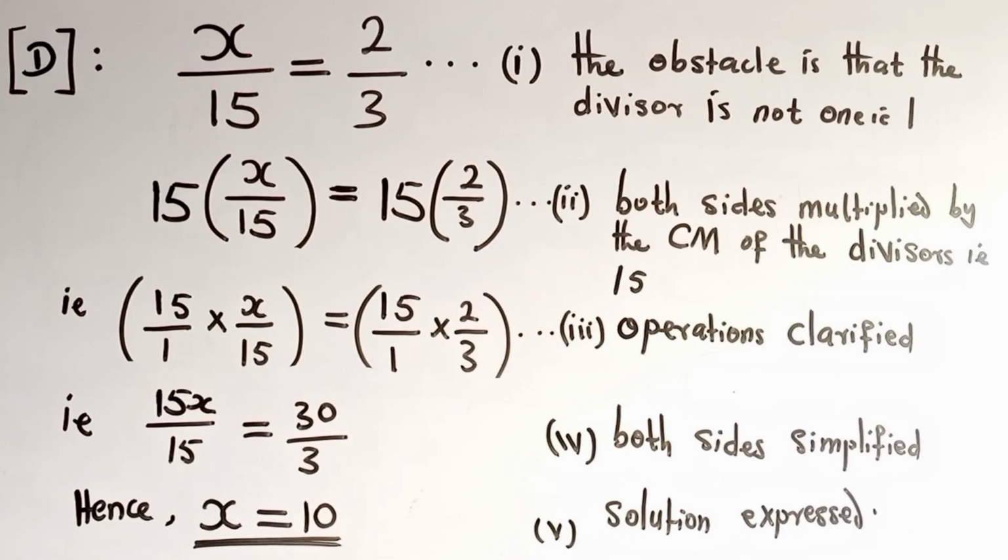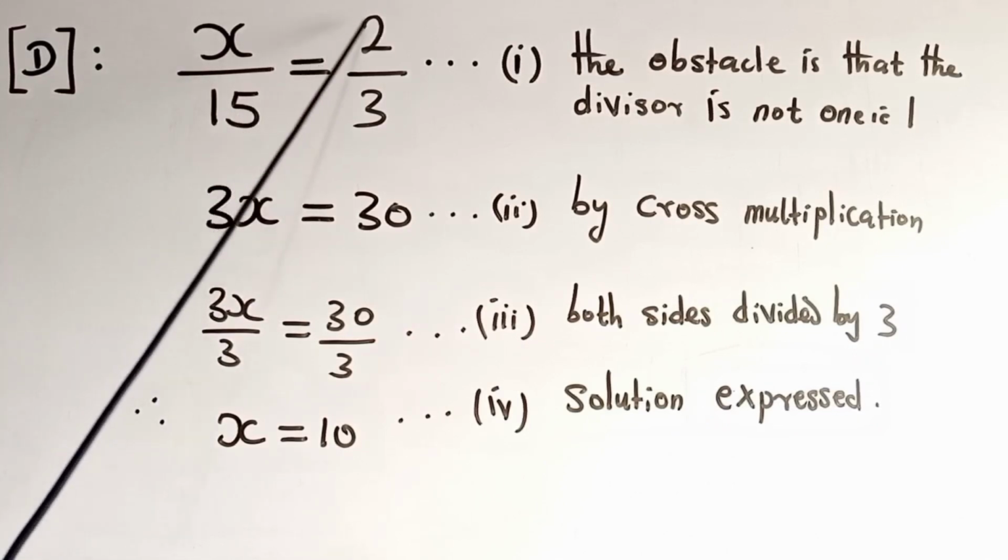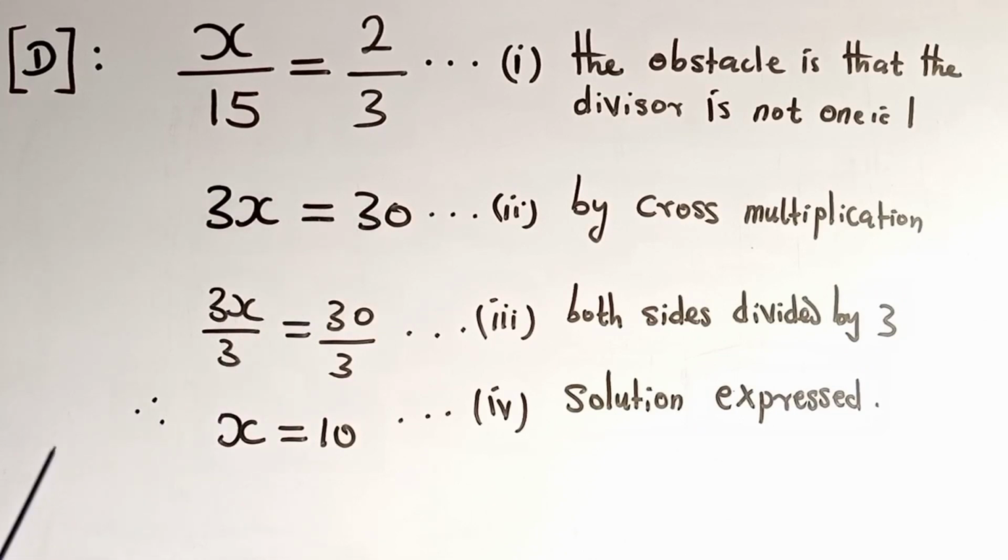That is to say, an equation that contains more than 2 divisors on either side or both sides of the equation. Please find the same question being solved by means of cross multiplication, that alternative method I said earlier. We say 3 times x is equal to 15 times 2, giving rise to 3x is equal to 15 times 2, that is this 30.